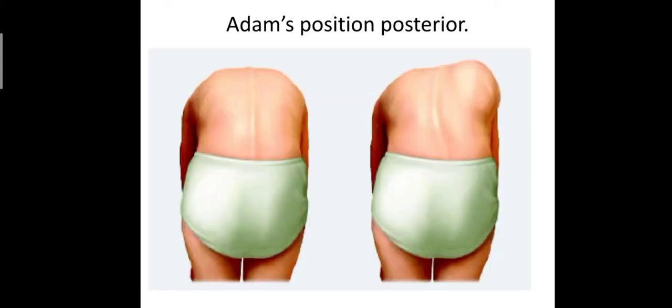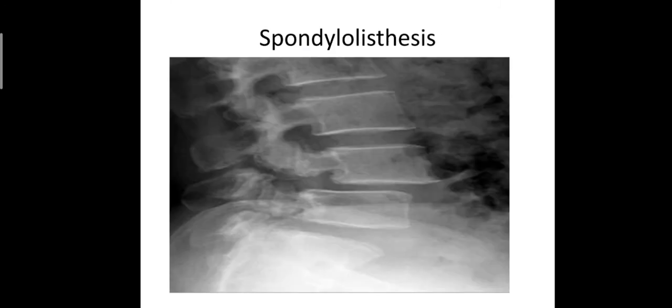This is Adams posterior position. Spondylolisthesis indicates an abnormal intervertebral gap in the lumbar region and dislocation of the lumbar 4th and 5th vertebrae.